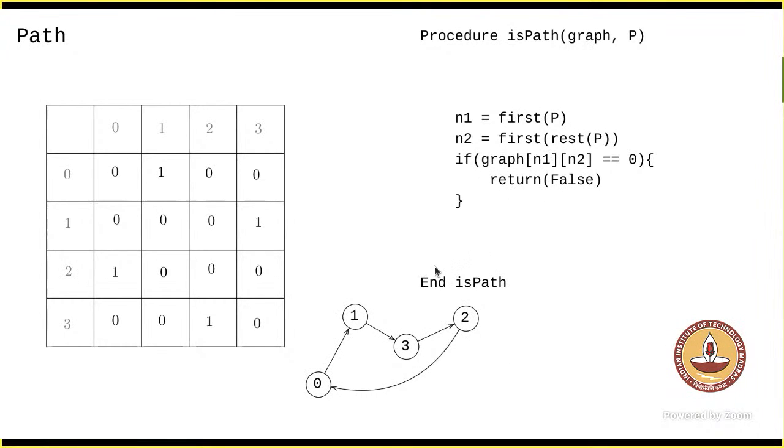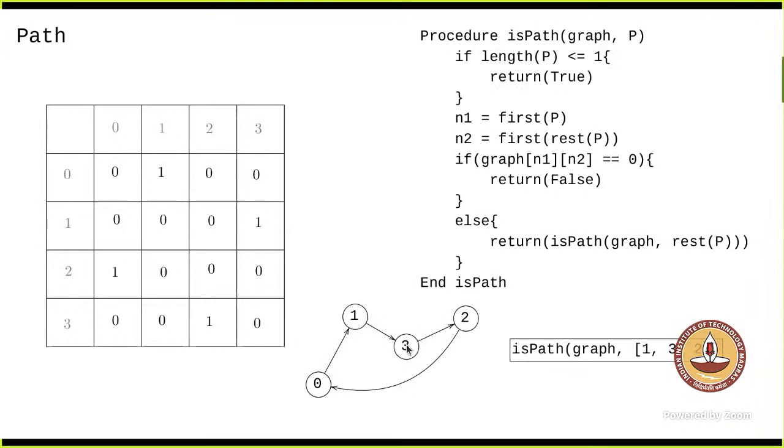If there is no edge between the first 2 nodes in the list P, then you return false. Else, right? Else means what? If the edge 1, 3 exists, you are no longer worried about 1, right? You can hop from 1 to 3, and now you are looking at 3 to 2. Right?